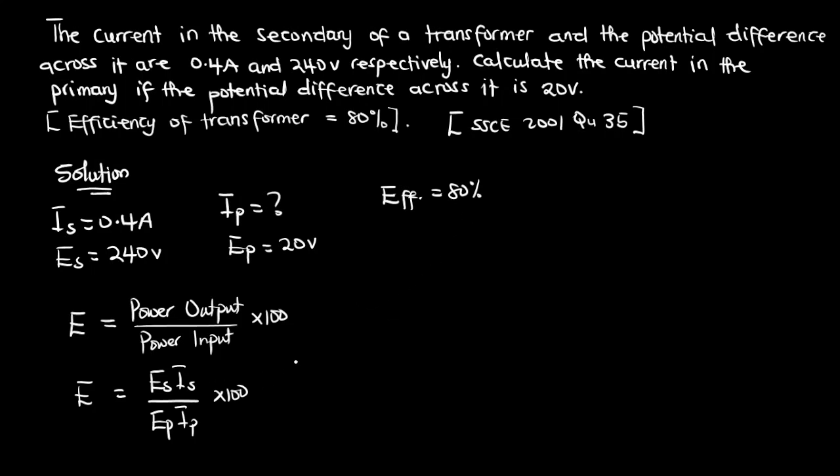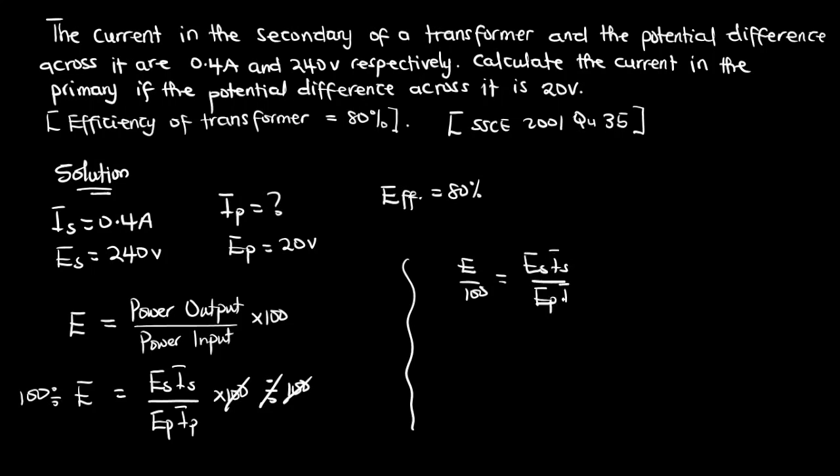If I want to use 80%, it means that this is already in percentage, so I can get rid of the 100 here and divide both sides by 100. So this will cancel this, and we'll have my efficiency over 100 is equal to ES IS over EP IP.